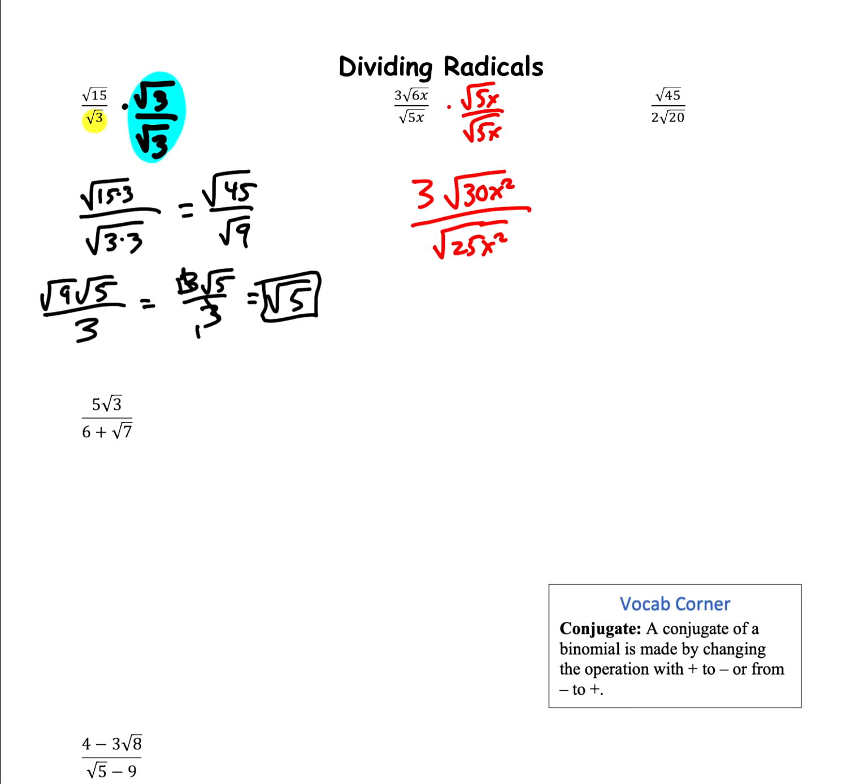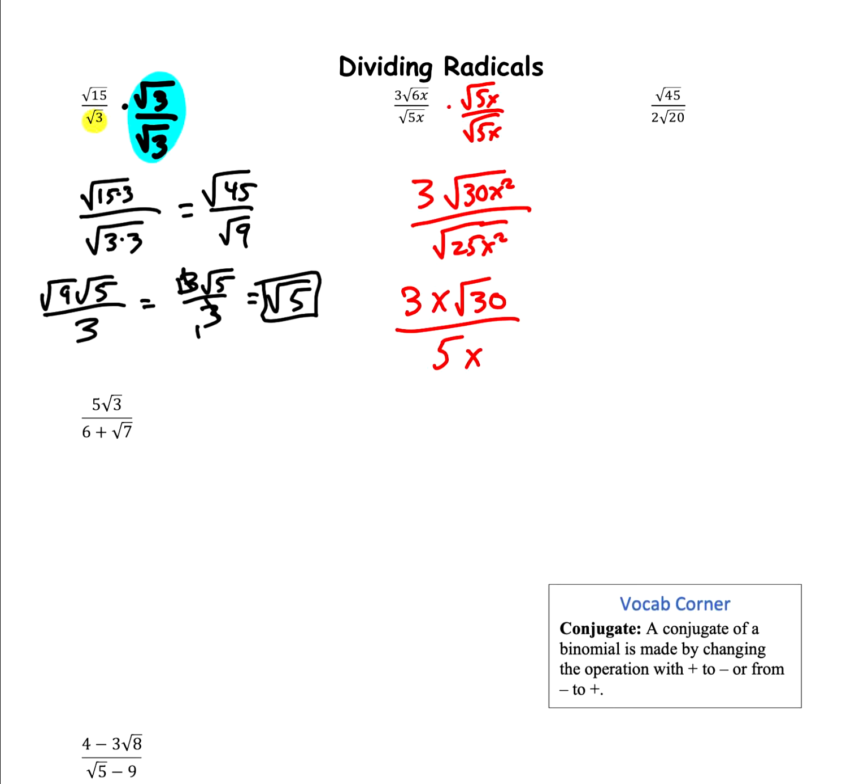But the x squared, radical x squared, is just x. So the numerator would be 3, and then the x comes out from radical x squared, radical 30, over 5, because it's radical 25. Radical x squared is x.